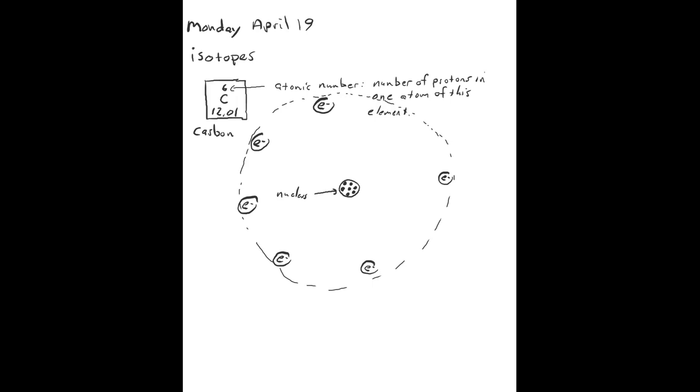And then there are also these other particles in the nucleus, right? So I'm going to try to draw them in there. And those are the neutrons. Roughly speaking, the number of neutrons is close to the number of protons in an atom. Sometimes it's a little more neutrons. Sometimes it's the same, could be the same number of neutrons as protons.